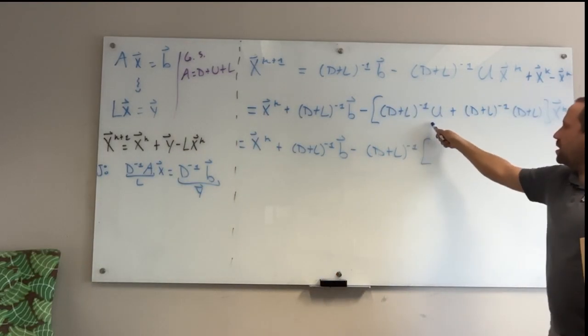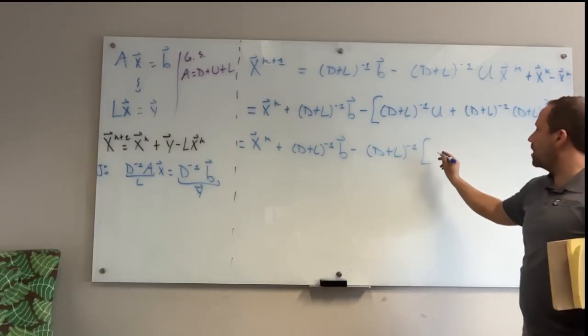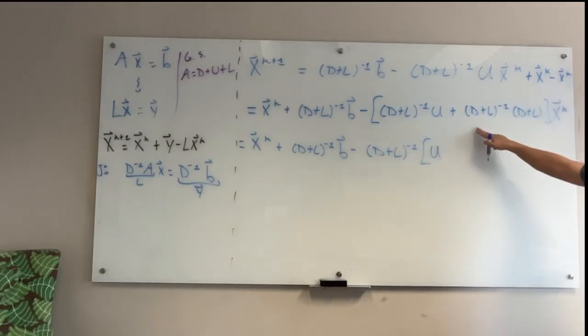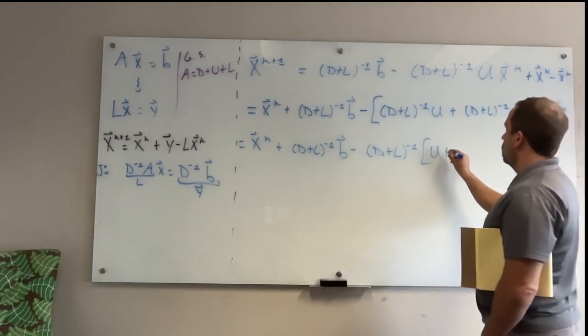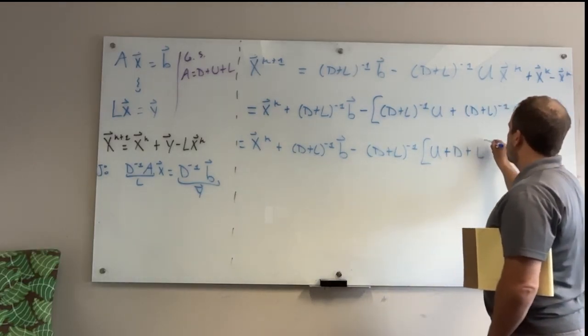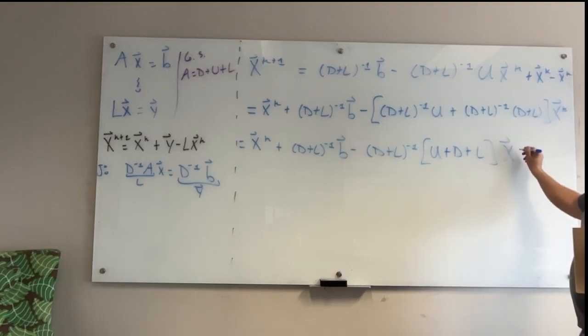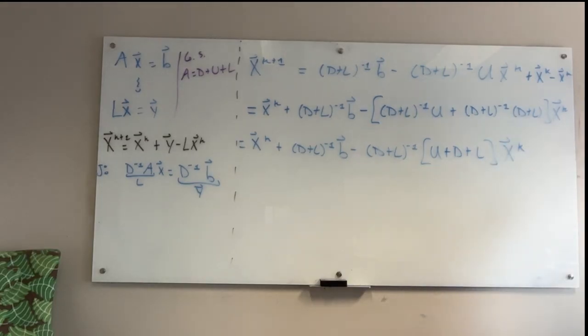When I factor out (D+L)^{-1} from this term, I'm left with U, and from this term I'm left with D plus L. So I get (U + D + L) times x_k.